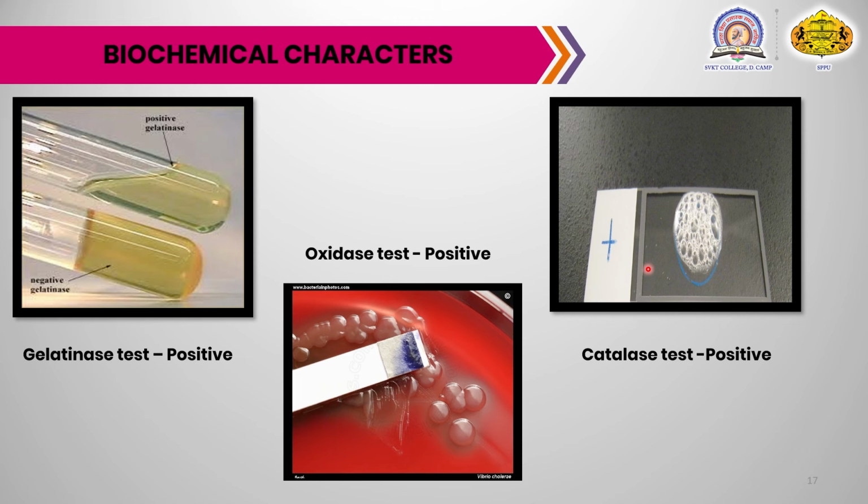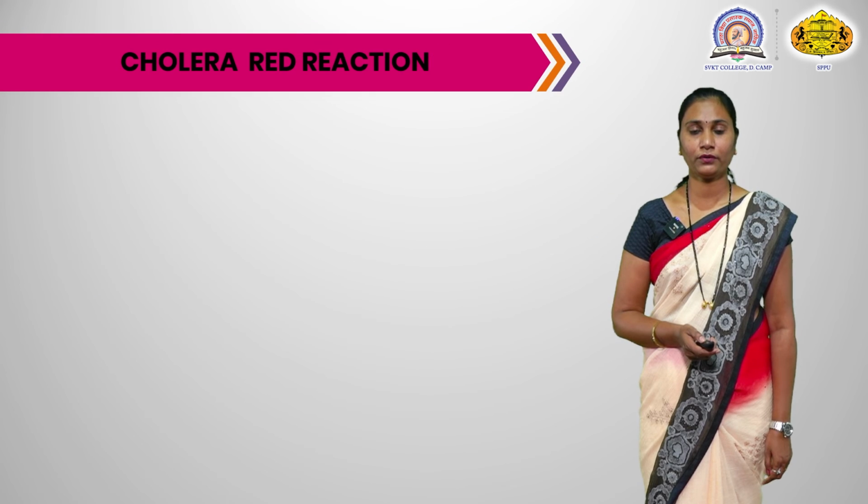All these three tests are the common and easily available tests which can be used for laboratory diagnosis of your Vibrio cholera. So the organism is gelatinase positive, oxidase positive, as well as catalase positive. Okay.